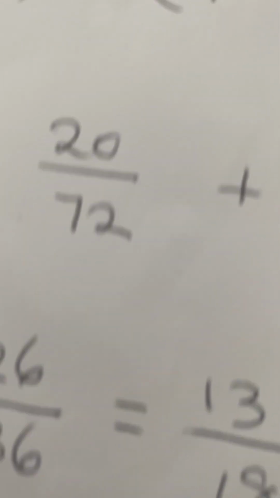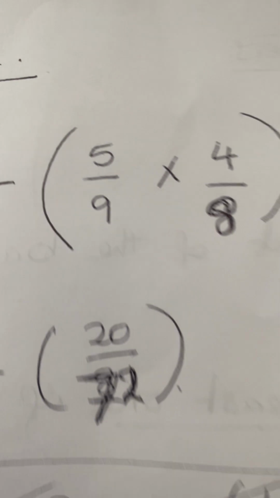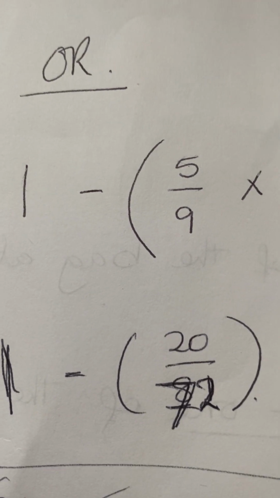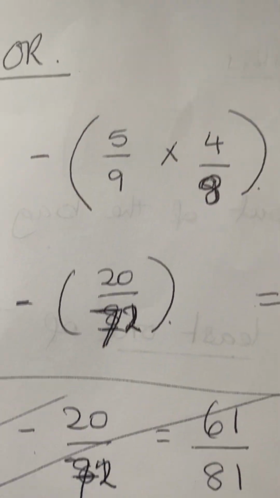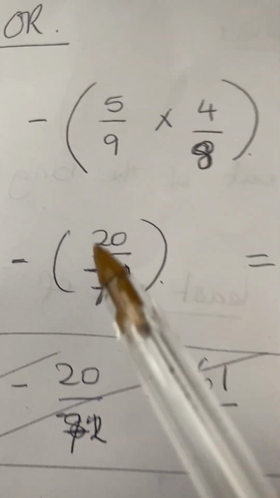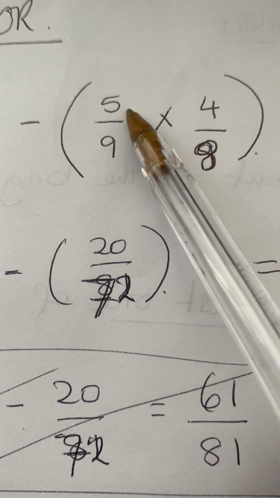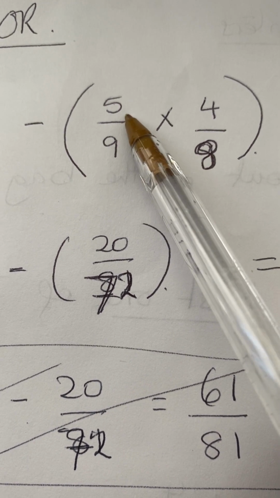Or you can look at it this way, which is the easiest one, I think. Probabilities always add up to 1. When we were doing the introductory video, we saw it. So you can have 1 minus, okay? Now, 5 of them are not blue.